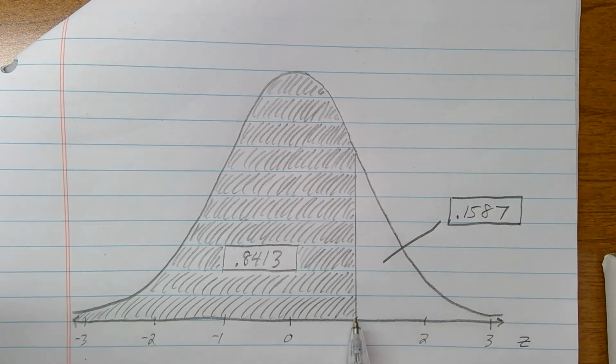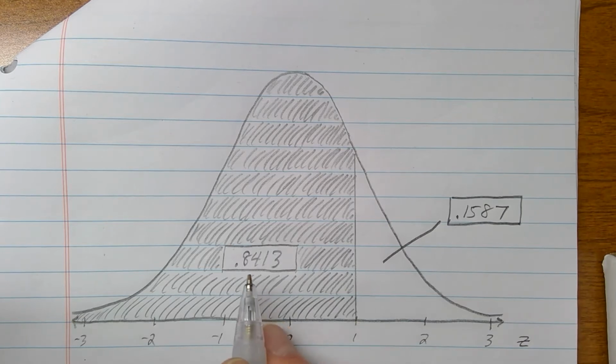And the probability that I reach into a hat that has all 100 names in it, and I randomly select somebody who scored less than 1 standard deviation above average, any of these people who scored less than or to the left of 1 standard deviation above average, what's the probability that I'll reach in and pick out one of those people? Well, it's 84%. I'll show you how I found it on the Z table.